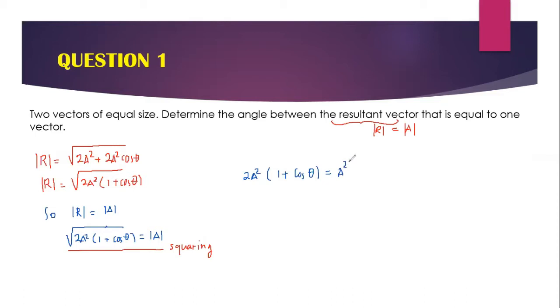Is it clear, everyone? Because you have to square both sides, left and right. And now you need to cancel this one, the A squared here.